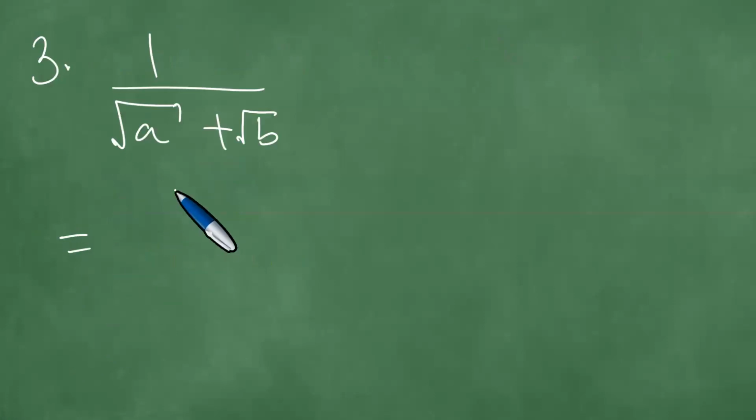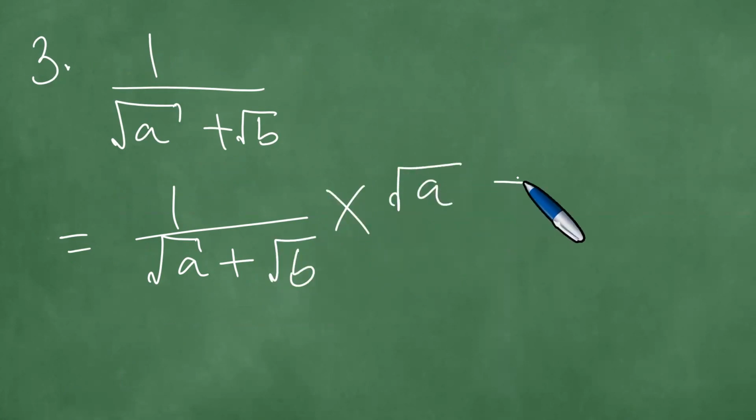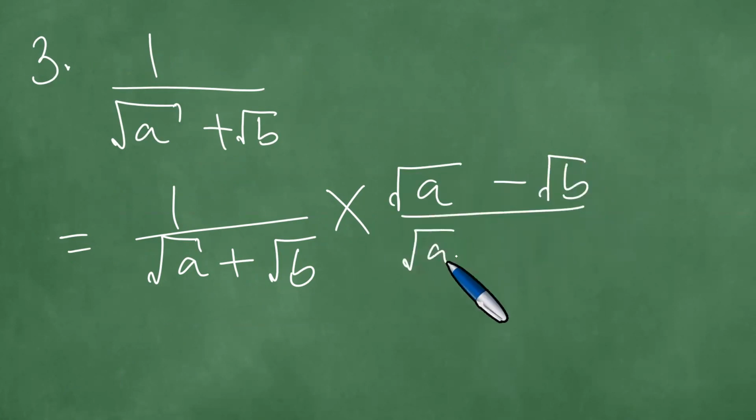Let's see what you did. Okay, this is what needs to happen. You need to multiply by this because you need to make it a difference of 2 squares, so it differs by a sign.